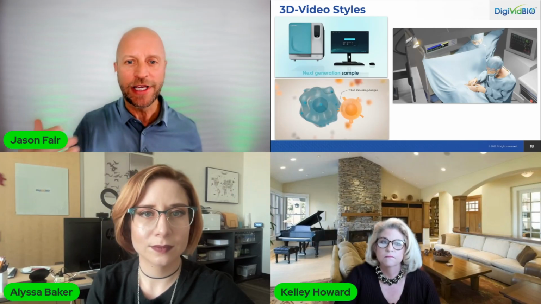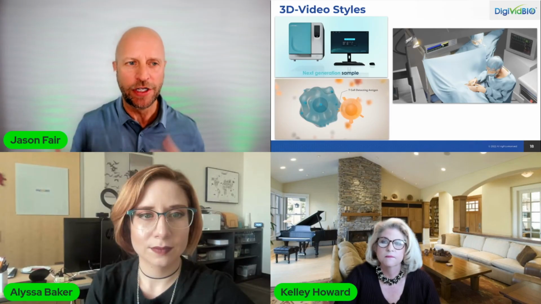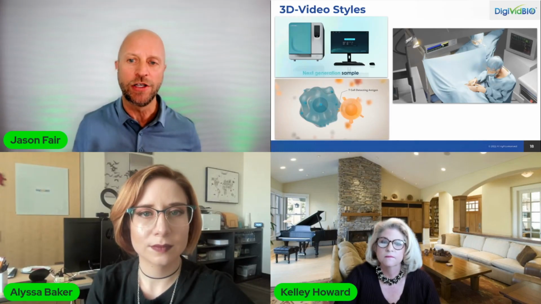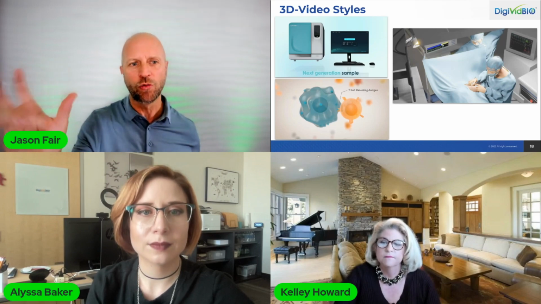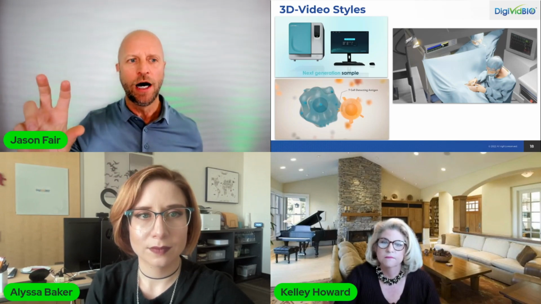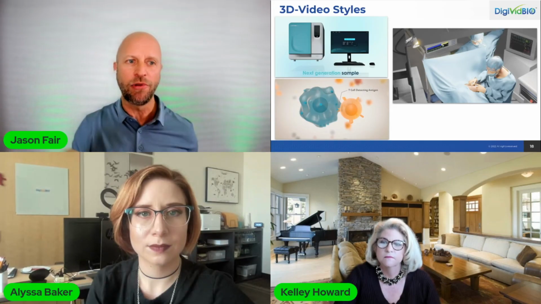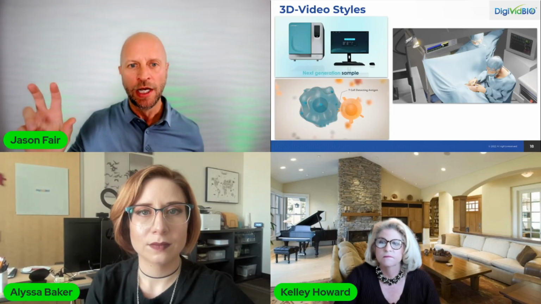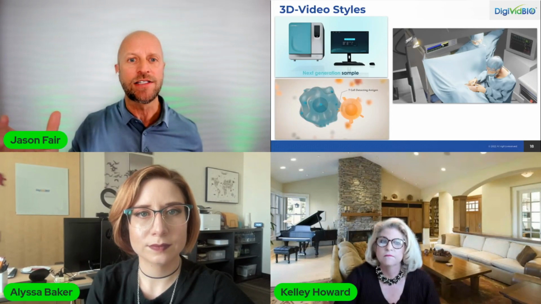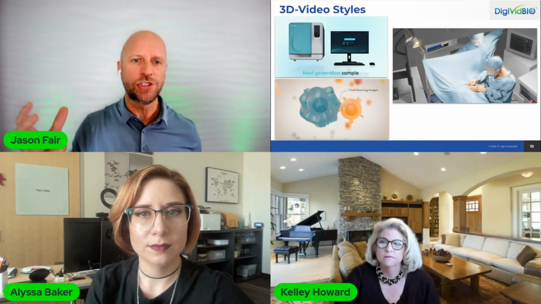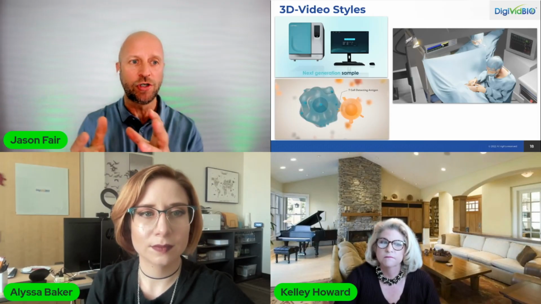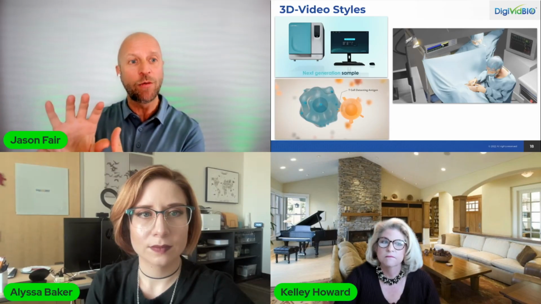So specifically, these are the types of 3D style videos that we're creating and collaborating with clients on. Usually there's a reason for this, right? When it comes to 3-dimensional, if you need to rotate some sort of object, or in this case, looking at the top left of the screen in the examples, that's an instrument. It's a device. Someone really wants to showcase and articulate what this instrument is size-wise, what it looks like, and they want to rotate it.